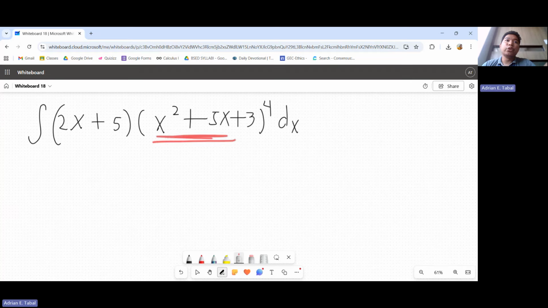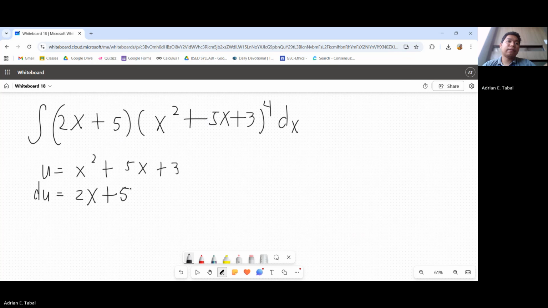So we can say that this function will be our u. So u is equal to x squared plus 5x plus 3. Find the derivative. So du equals 2x plus 5 dx. Find dx. So dx will be du over 2x plus 5.